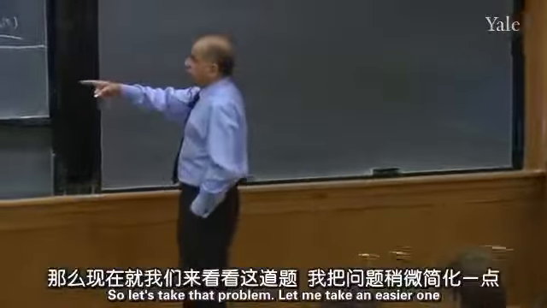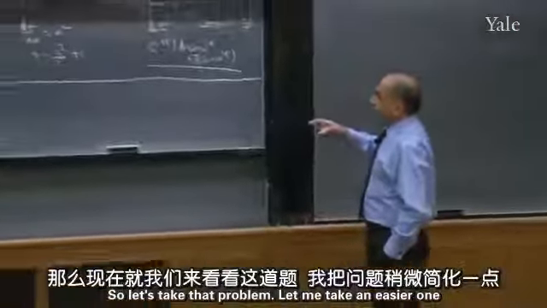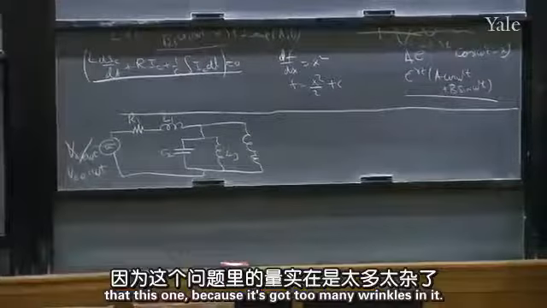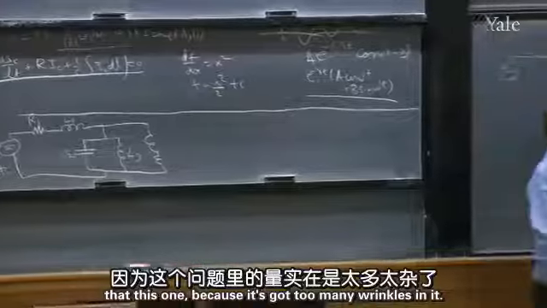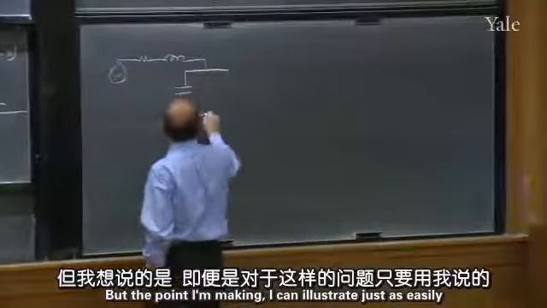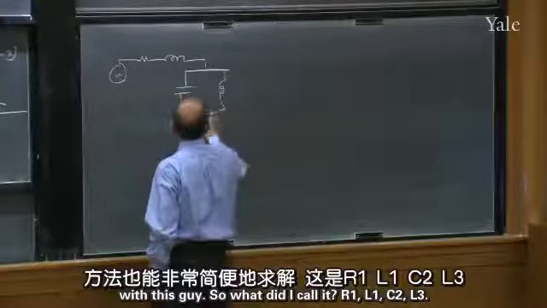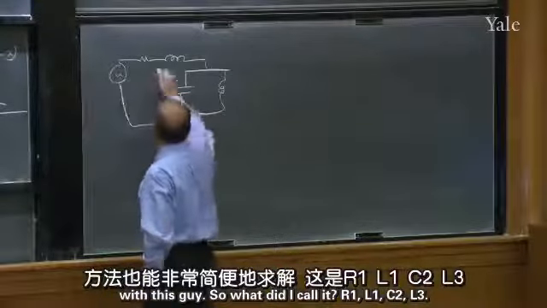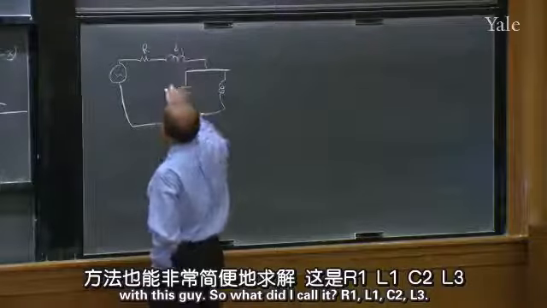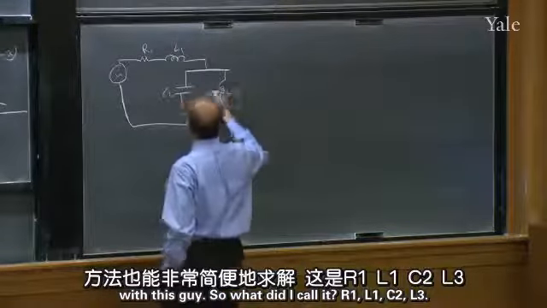So let's take that problem, and let me take an easier one than this one because it's got too many wrinkles in it. But the point I'm making, I can illustrate just as easily with this one. So what did I call it? R1, L1, C2, L3.